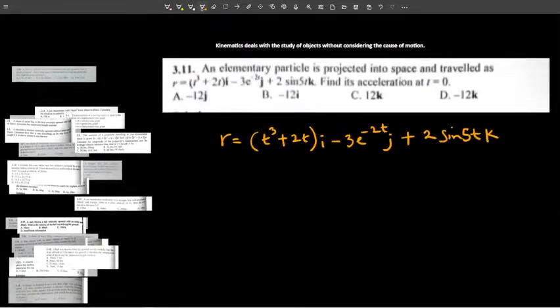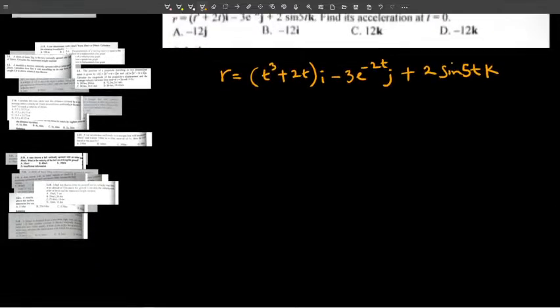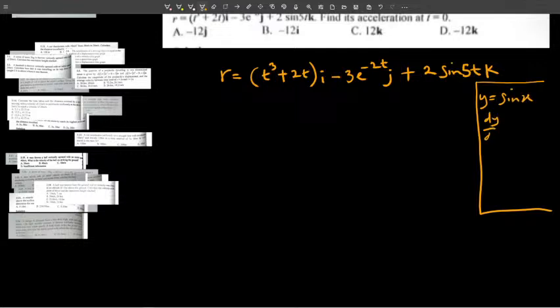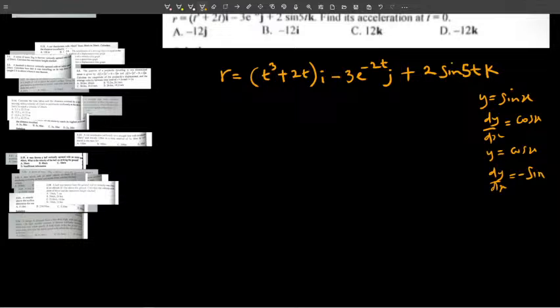Let's do that over here by the side. If y is equal to sine x, then dy/dx will be cos x. If y is cos x, dy/dx will be minus sine x.